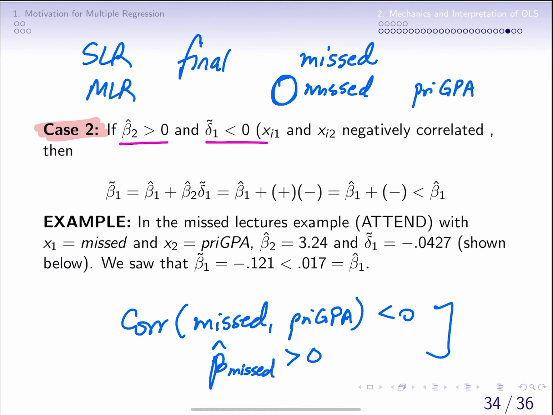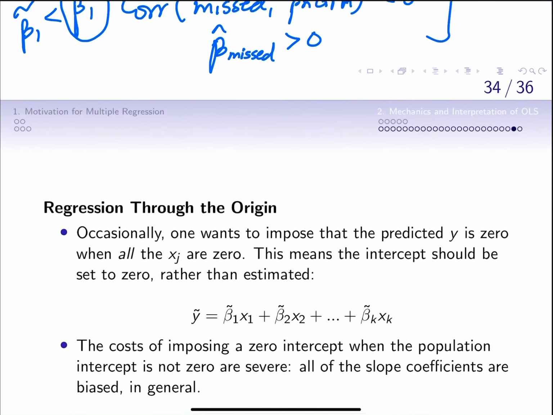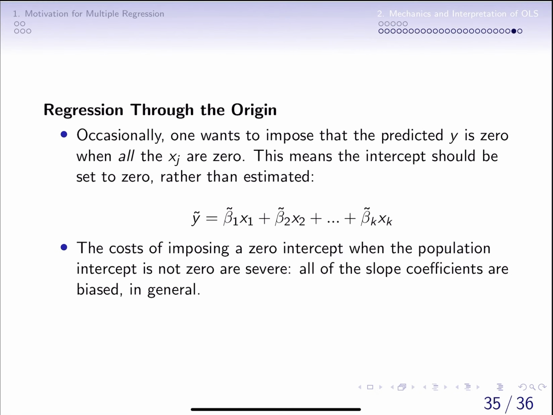So we had these two, and this makes the product negative, and therefore you had beta 1 tilde less than beta 1 hat, which is your coefficient on missed lectures, okay? So beta 1 tilde was negative and beta 1 hat was positive, right? So that relationship holds.